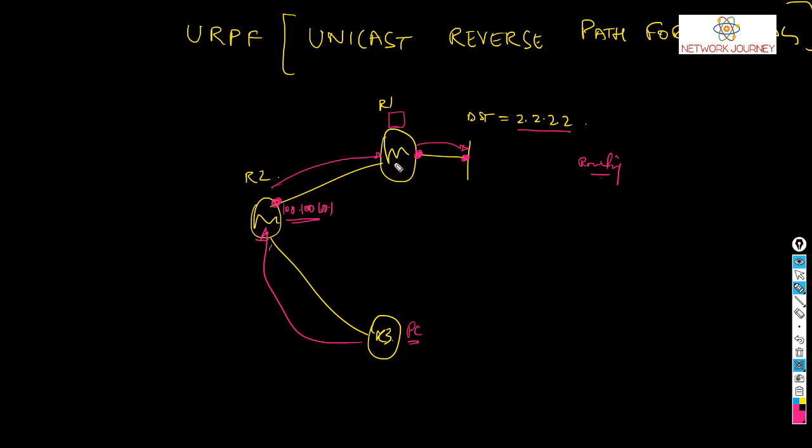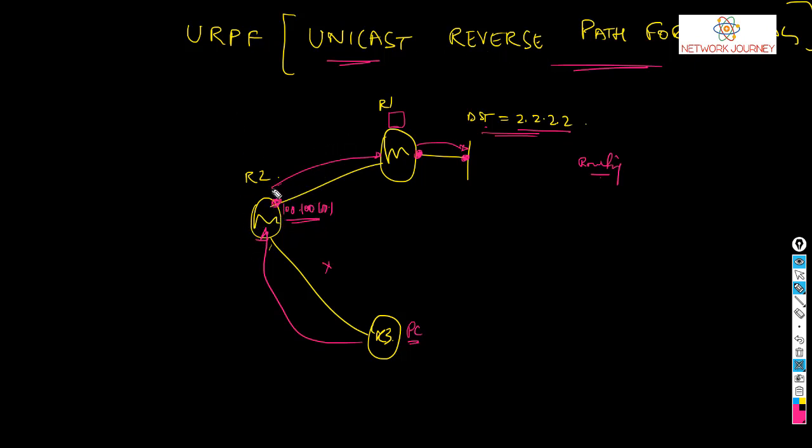R1 is not going to consider who the sender is. It's only going to consider whom to send it to, or who the destination is. So this can cause a breach here. It's kind of a security breach, right? So we have to fix this kind of unicast path forwarding issue in the case of routing.